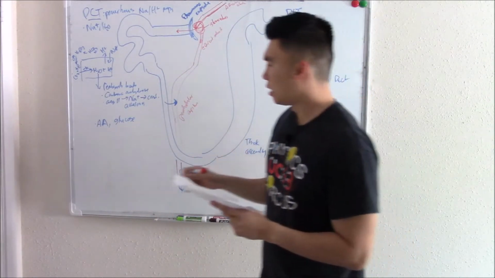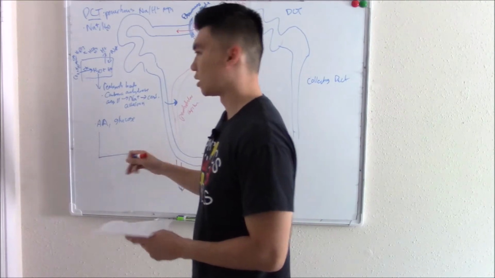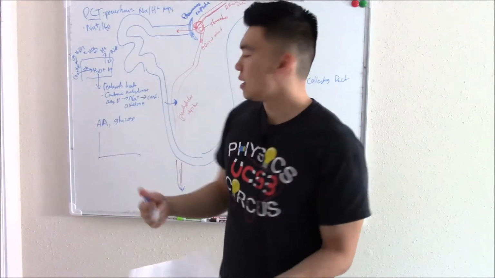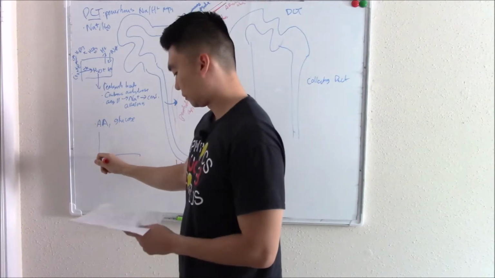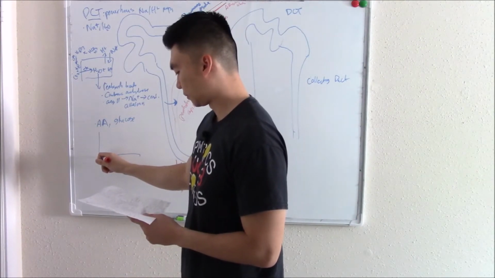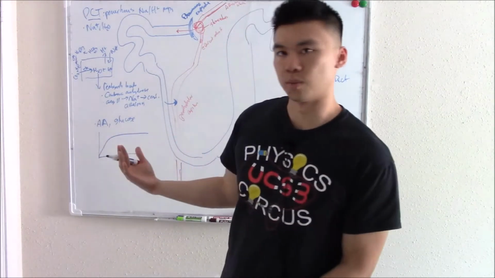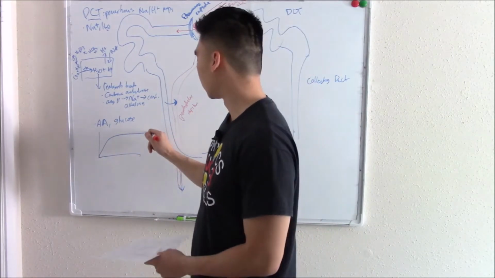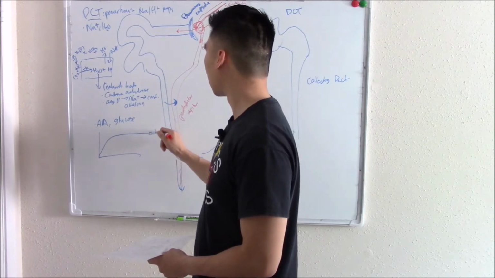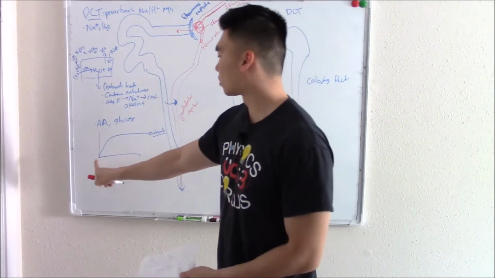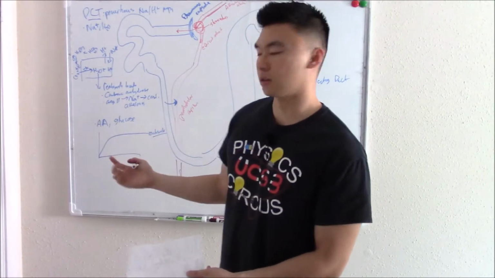Something you should know, you can only reabsorb so much glucose before you hit a threshold where your body can't reabsorb it anymore. Your transporters are all full. So if you look at it graphically, you'll be reabsorbing, you'll hit a threshold, and won't be able to reabsorb anymore. So this is reabsorption. Sometimes they like to throw graphs at you, so don't get too confused. You're reabsorbing, you hit that threshold, you can no longer reabsorb glucose.